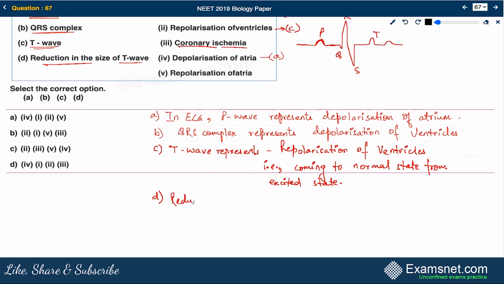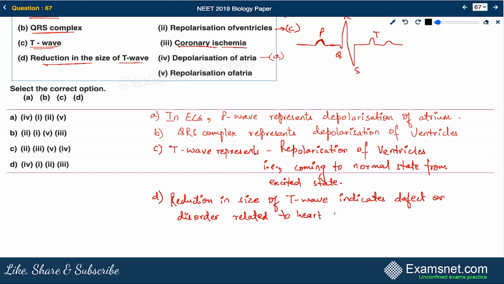So you can say that reduction in size of T wave indicates a defect or disorder related to the heart.